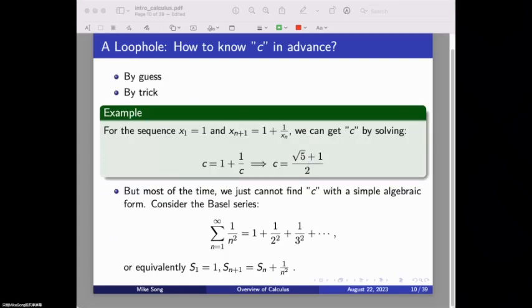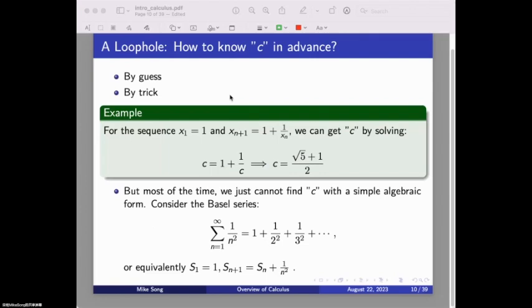In the formal definition of limit, a well-chosen c is crucial for the proof of convergence, but how to know c in advance? In simple cases, you can just guess. And sometimes you can also get c by a trick. Take a look at the example in the green box.